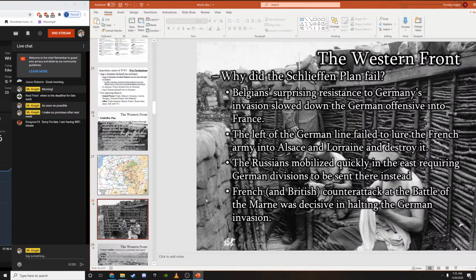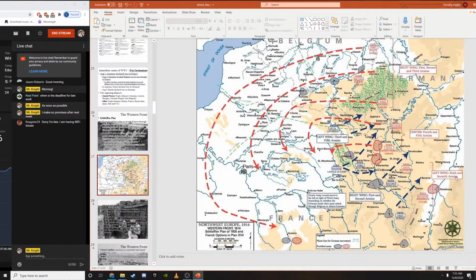Basically the left of the German line had failed to lure the French army into Alsace-Lorraine and destroy it. The French stuck their ground. And when I say Alsace and Lorraine, I'm referring to these territories right in here, okay, where the French forces are.